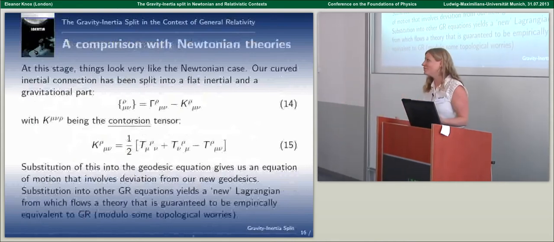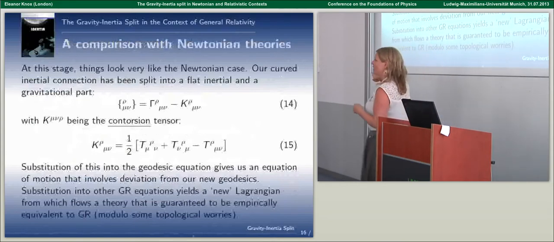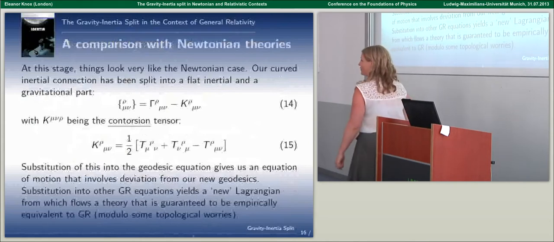That's a proof of empirical equivalence. Subbing in which term? The one on slide 14. So subbing in for the Levi-Civita connection, where it appears in GR, you put in the curly bracket guy. No, put in the gamma minus k term wherever you see curly brackets in GR.